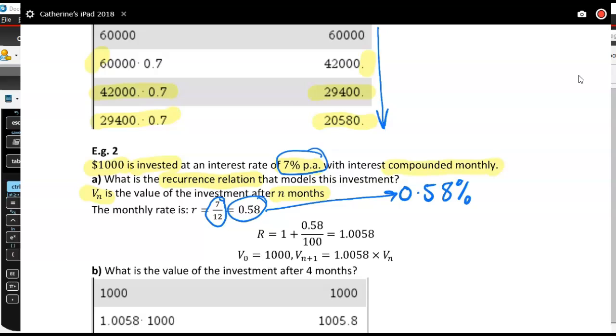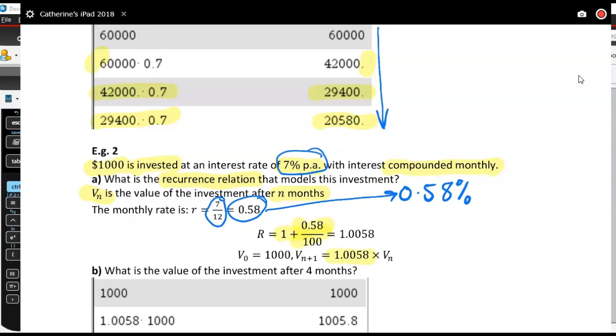So writing that out, that rate is 1.0058. Do you remember why that one's there? Because it's increasing.